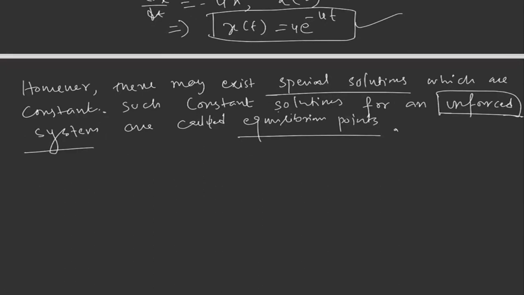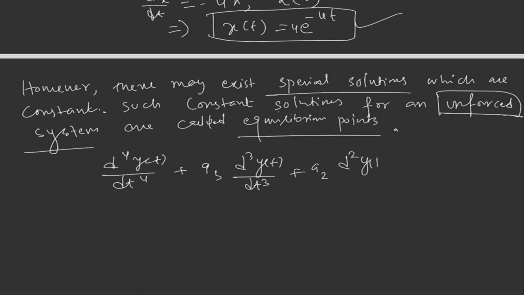So to solve this equation, you can write d4y of t by dt4 plus a3 d cube y of t by dt cube plus a2 d square y of t by dt square plus a1 dy by dt plus a0 y of t equal to 0, we have to assume. If you find the solution of this differential equation, there can be some special solution which we are calling the equilibrium point.